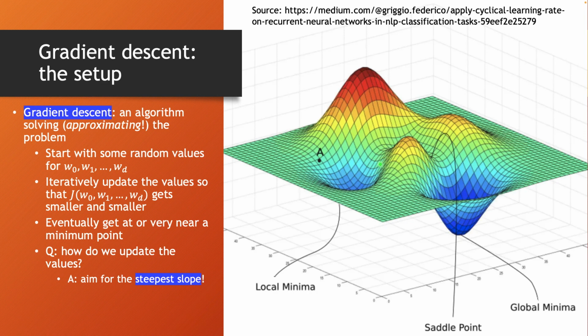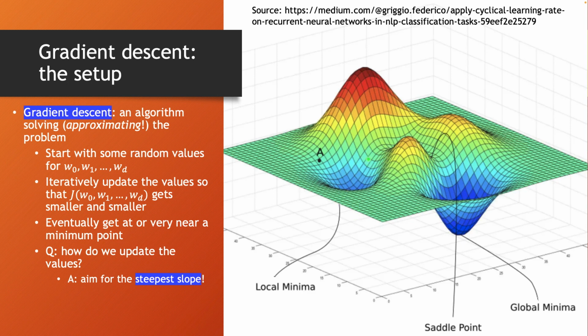In this particular illustration, there is one here and there is one there and there is one that you don't see but you guess from the illustration just behind this peak. And the objective of the gradient descent is to find one of these, hopefully the global minimum, but it could also be that it ends up in one of the other minima.